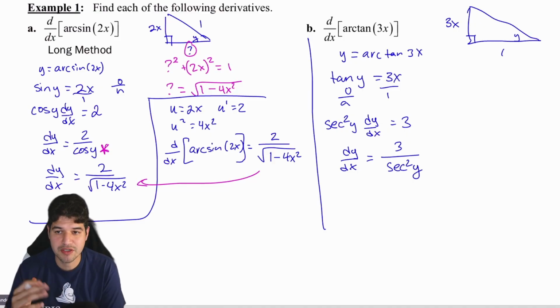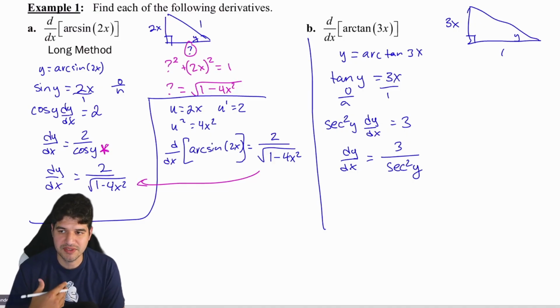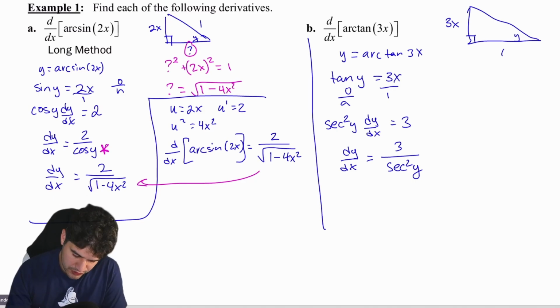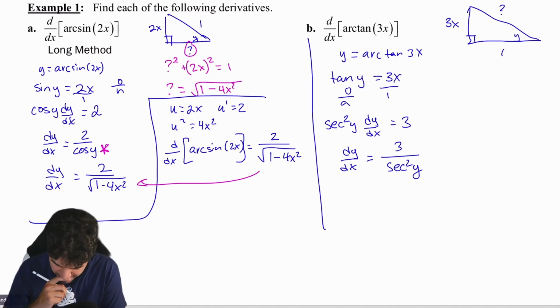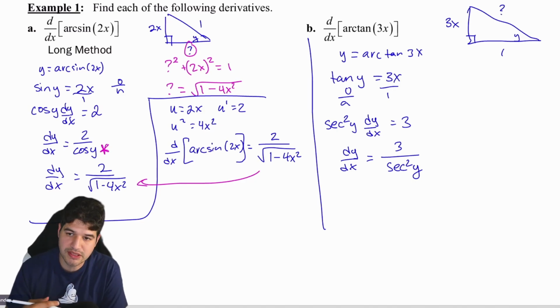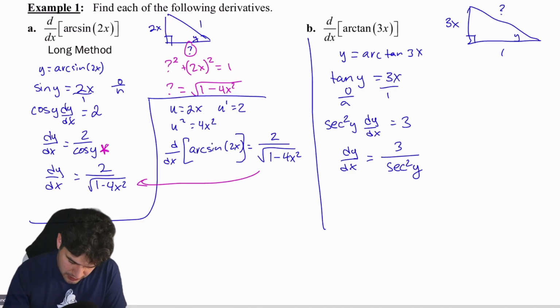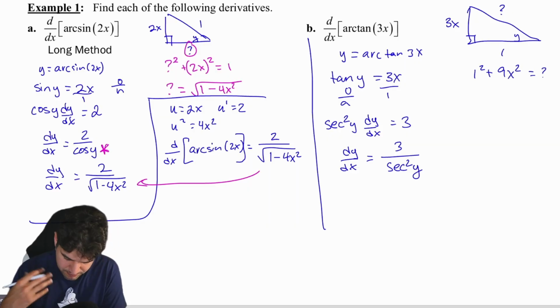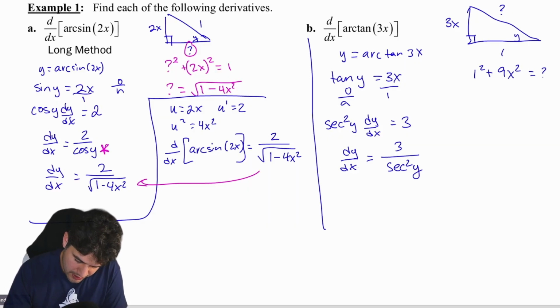Now I need to figure out the relationship for secant squared of y, and we can go from cosine to secant. I know that I have 1 squared plus 9x squared equals question mark, that missing side, the hypotenuse. The square root of this is going to be the square root of 1 plus 9x squared.